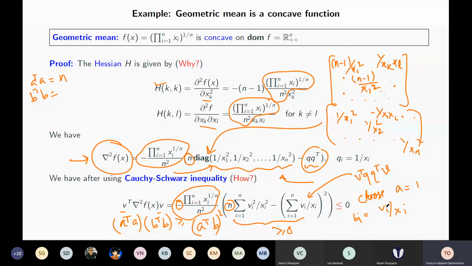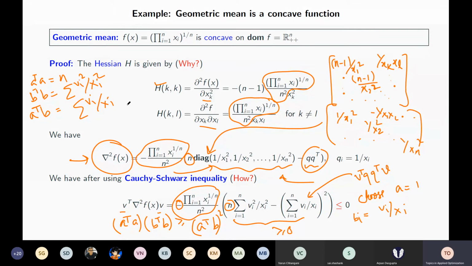And then A transpose B will be the sum of these Vi by Xi terms.